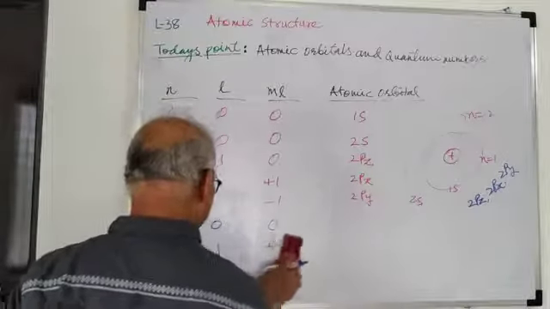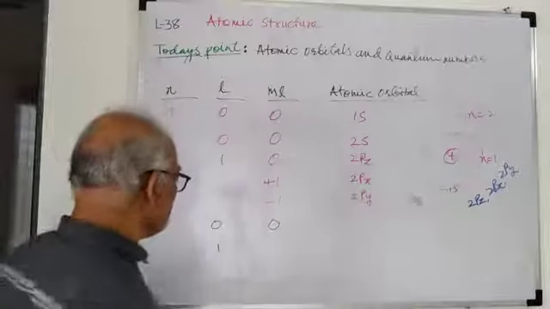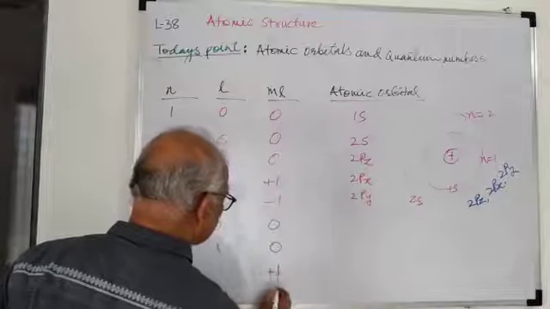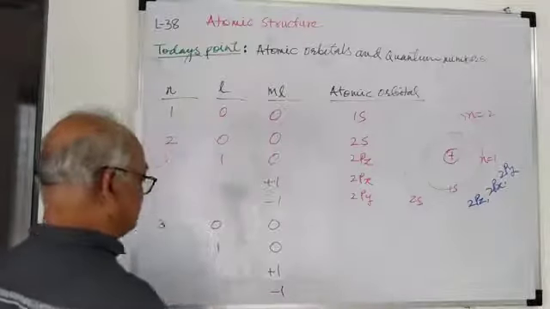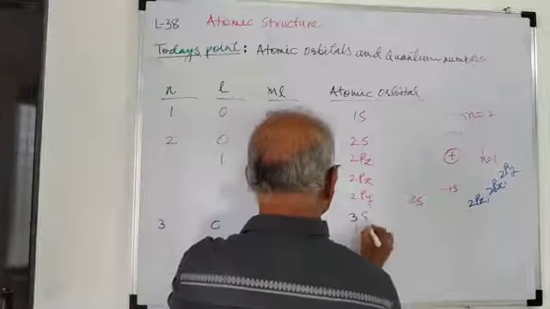First of all, we will see them one by one. It will have first value 0, then next value plus 1, and then next value minus 1. For l equal to 0 it is 3s.